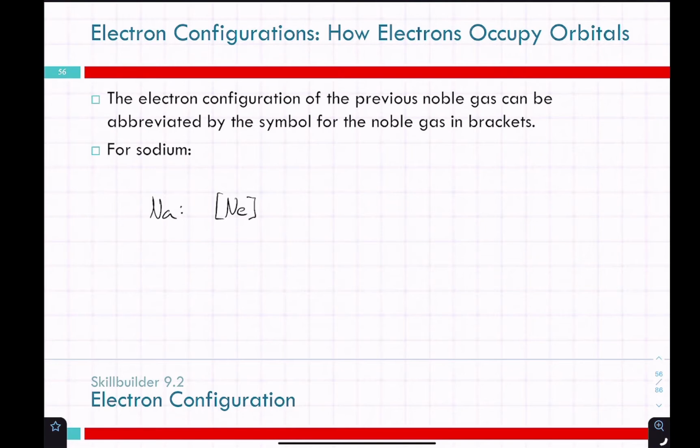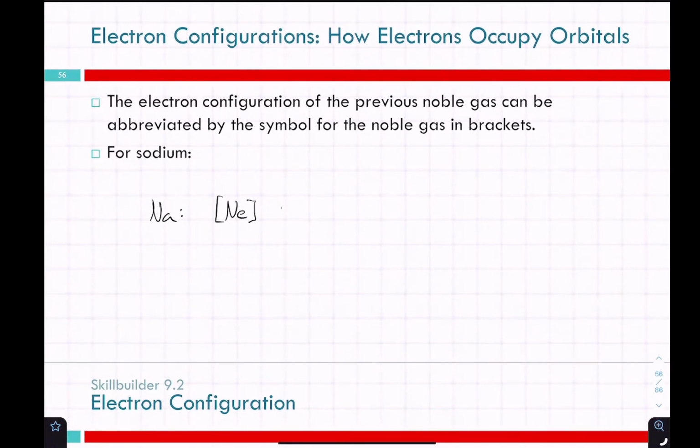Say we're starting with this electron configuration, and then we're going to add on to that. Well, what do I add on to that? You have to do the 3s. Yeah, 3s, and then it's the first element in 3s. So there's only one electron there. So very, very useful, very, very time-saving.